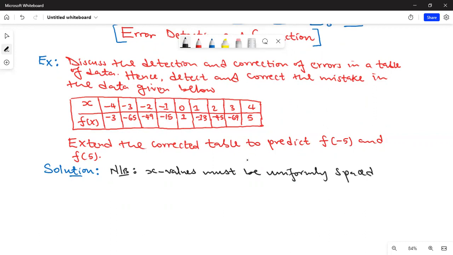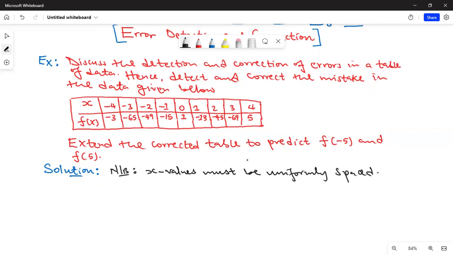If that is not the case, then you cannot use finite difference tables to detect the error in a table where the x values are not uniformly spaced. So the requirement is that the spacing must be uniform. The interval of differencing must be uniform.